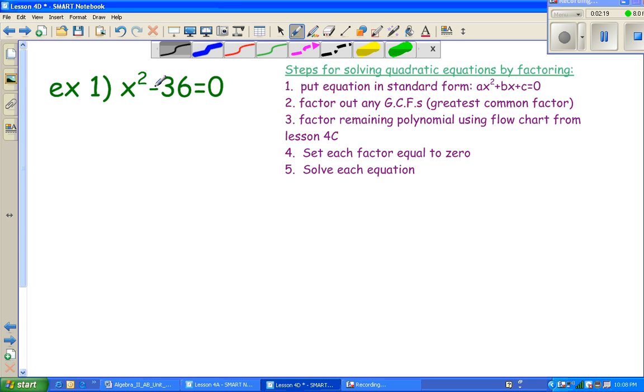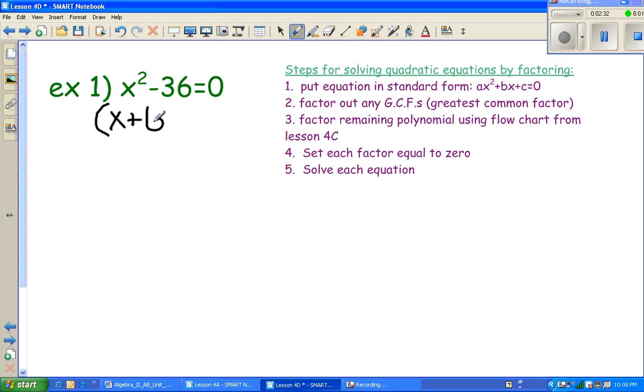Are the 2 terms separated by a minus sign? Yes. Is each term a perfect square? It is. So this one happens to factor as a difference of squares. So it would look like x plus 6 and x minus 6.